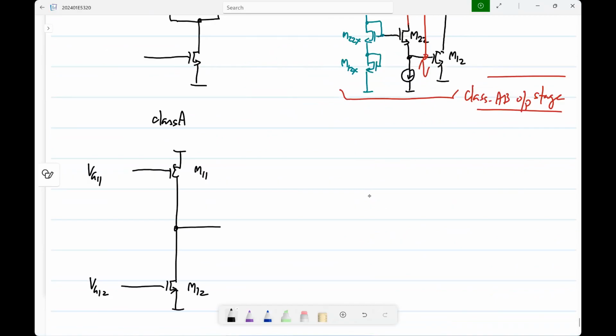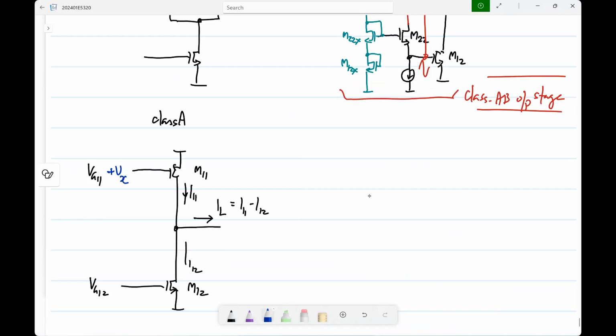Okay. And the total load current is I11 minus I12. Okay. Now you add signal only to one side, right?